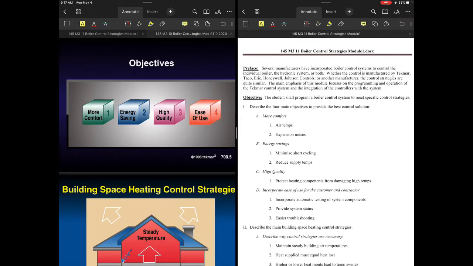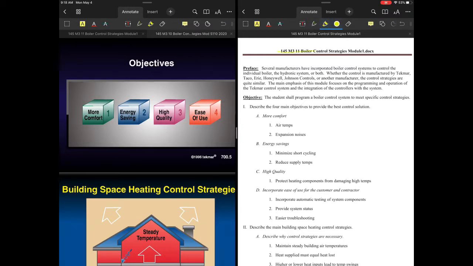There might be some very minor terminology differences with a boiler manufacturer that you might have to read in their manual, or it could be the way they might do it or use certain criteria, but for the most part, almost all of them are the same. So when I talk about this today, we're really speaking somewhat generically, no matter who the manufacturer is.